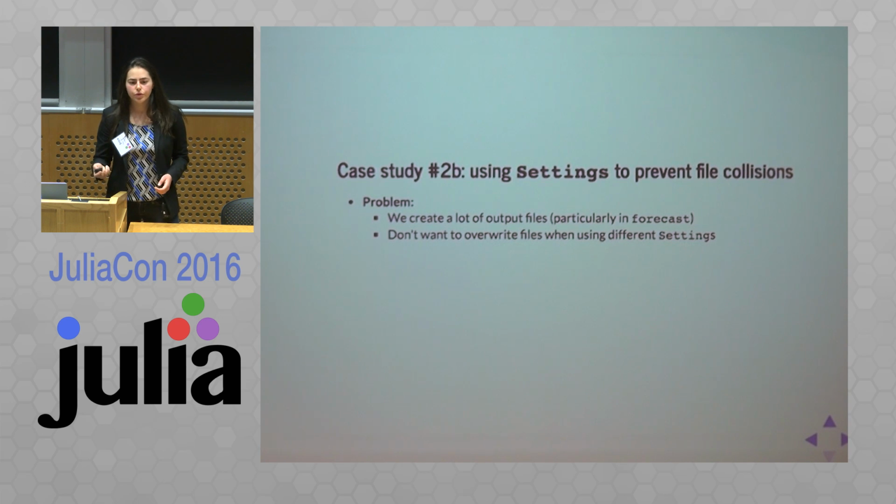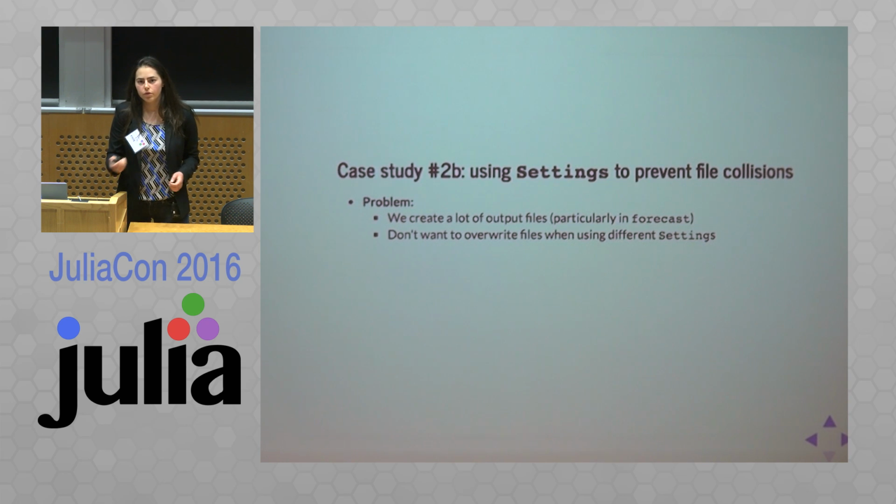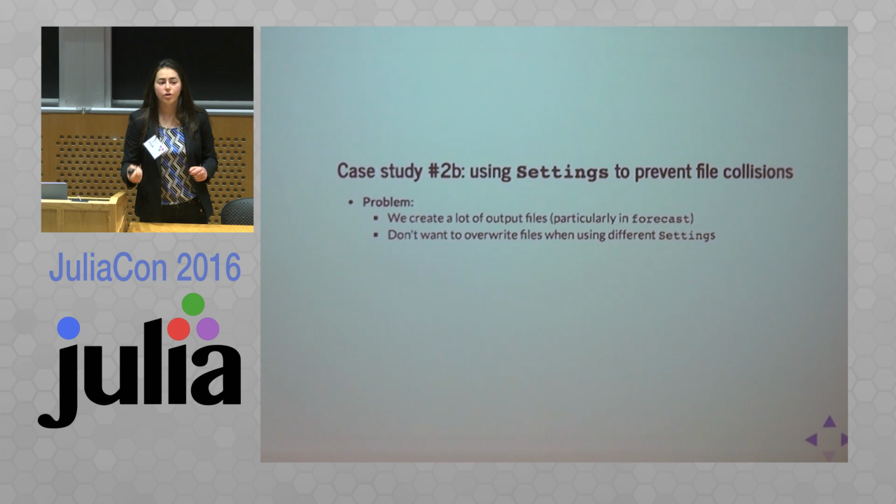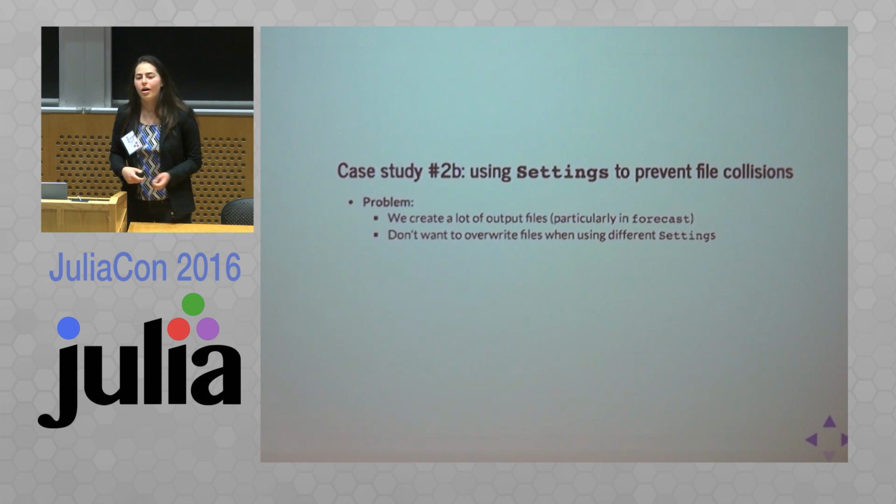So then we use settings also to solve a big problem that we run into in terms of creating a lot of output files. When you're using a model for production purposes, like we do with the DSGE model, we have a lot of versions of the model, and then we have a lot of vintages of data that we estimate it for and forecast for, and then we change settings a lot.